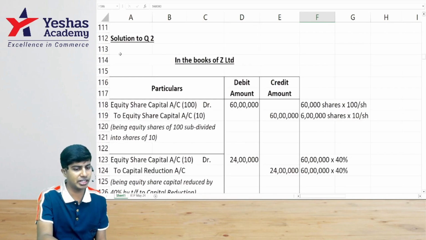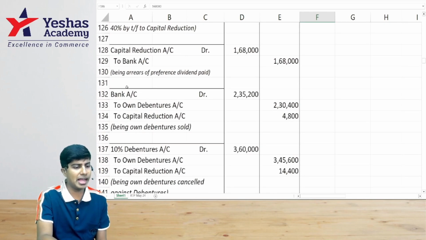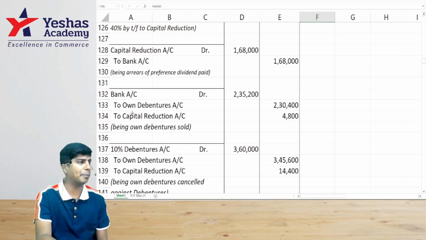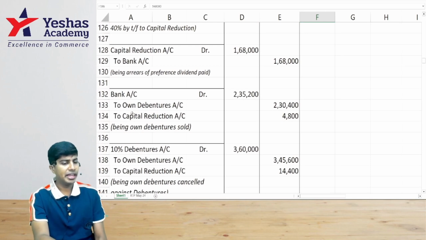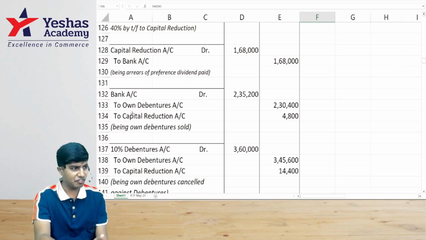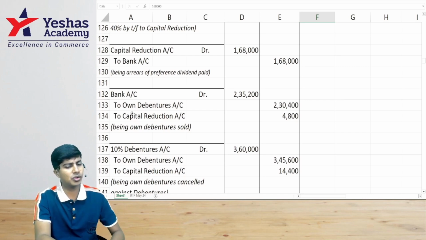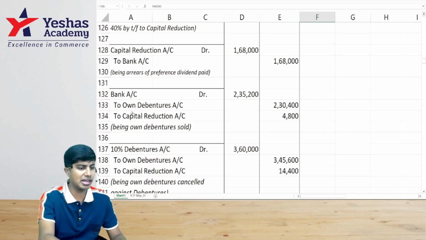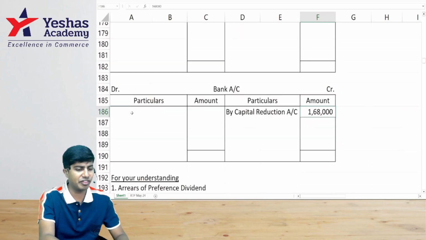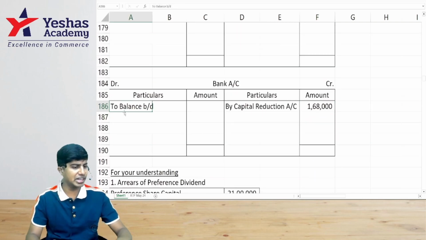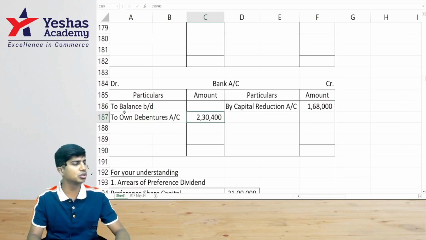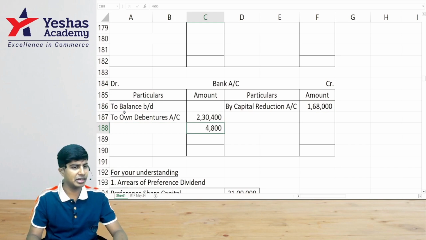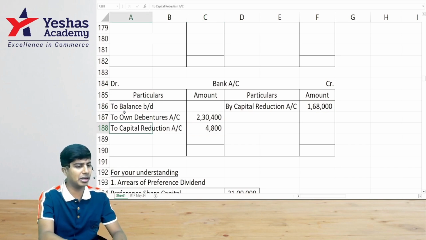What is after that? Bank account debit to own debentures, to capital reduction. Okay. In bank account, debit will be 2 lakh 35,200. In capital reduction account, credit will be 4,800. Bank account debit how much? 2 lakh 35,200. First line I'll leave for opening balance. Second I'll write 2 lakh 30,400 own debentures and 4,800 capital reduction.